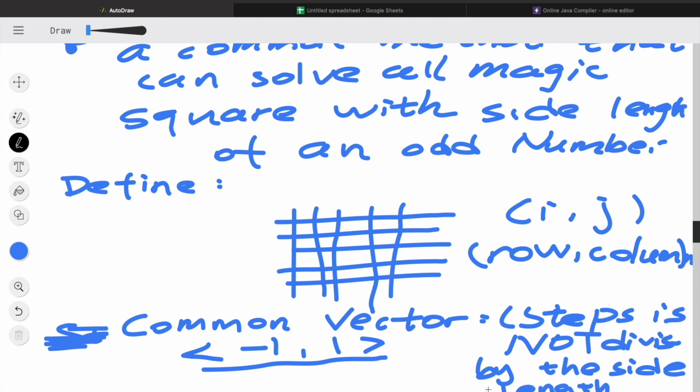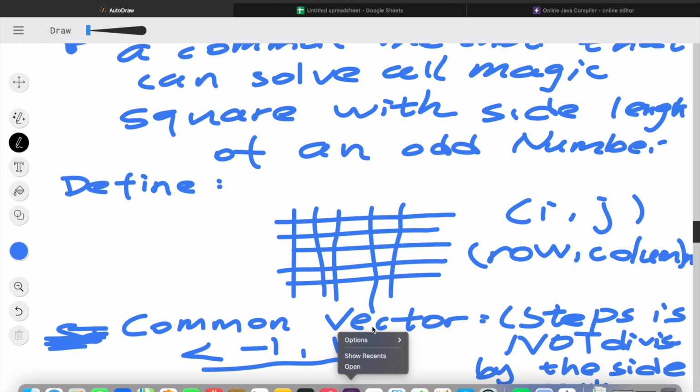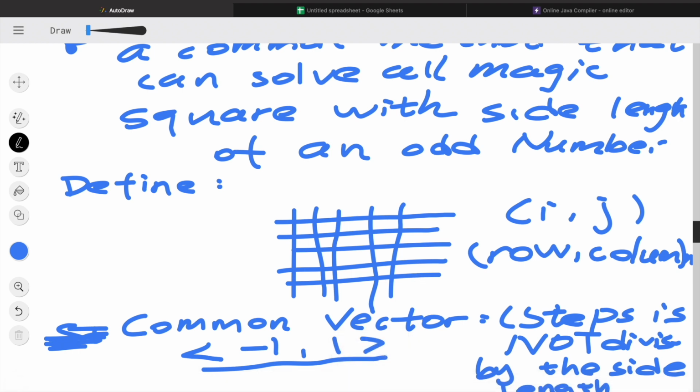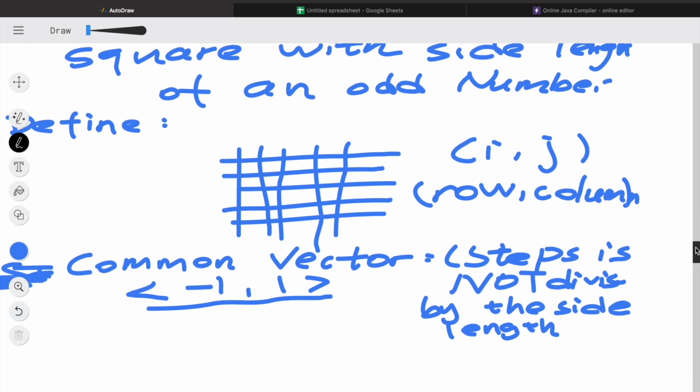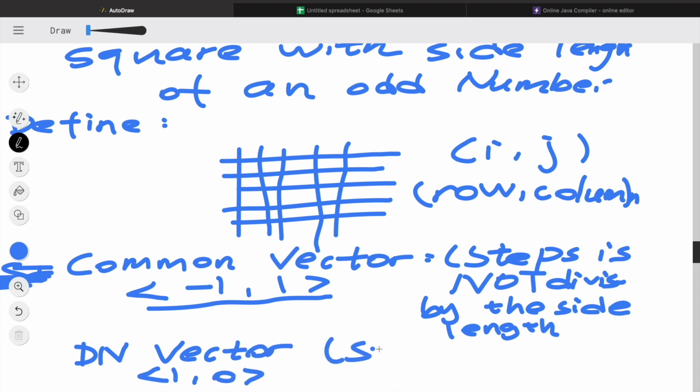So for example, if there is a magic square of 5 times 5, the common vector will be used when the step is not divisible by 5. This is called the common vector. And the down vector is 1, 0. It is used when the step is divisible by 5, divisible by the side length.